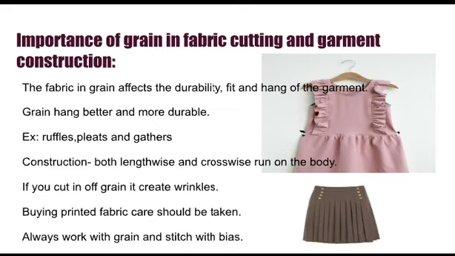So last, also work with grains and stitch with bias. Okay, for example, if you are constructing a blouse and the person is thin, you can go for the lengthwise grain. Okay, you don't need more stretch, right? For a thin person they don't need stretch fabric, so you can use the lengthwise grain for them. If you are constructing a blouse for a thick person, meaning a stout person, you can go for the crosswise grain.